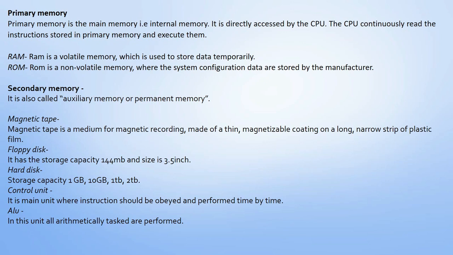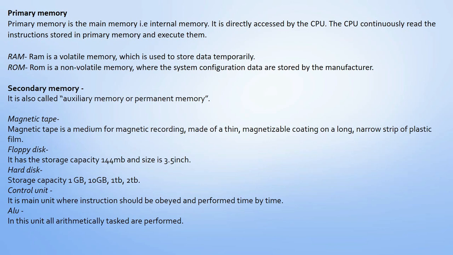Next is the hard disk. A hard disk is also a secondary storage memory where data can be stored permanently. Here both read and write permissions are there, and hard disk capacity is high compared to a floppy disk, magnetic tape, CD or pen drive. Hard disk capacities are like 1 GB, 10 GB, 1 TB, 2 TB, etc. But a CD, that is a compact disc, or a pen drive has less capacity than a hard disk.